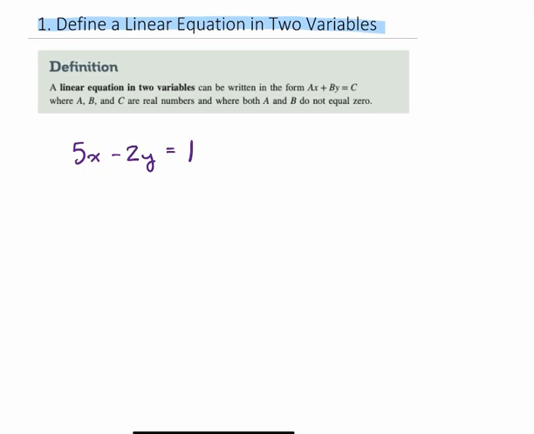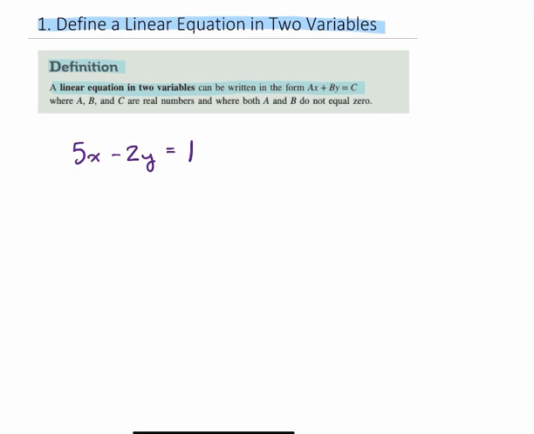So looking at this definition, it says a linear equation in two variables can be written in the form ax plus by equals c, where a, b, and c are real numbers and where both a and b do not equal 0. One of them could equal 0, but not both at the same time.